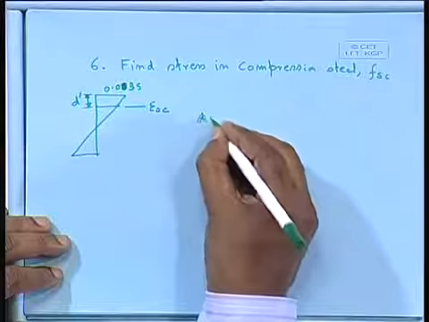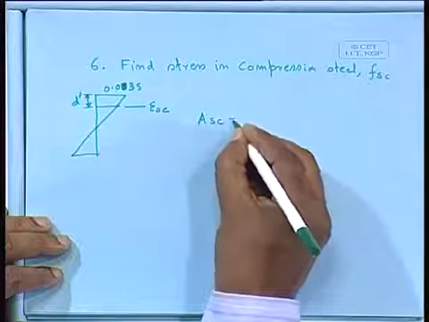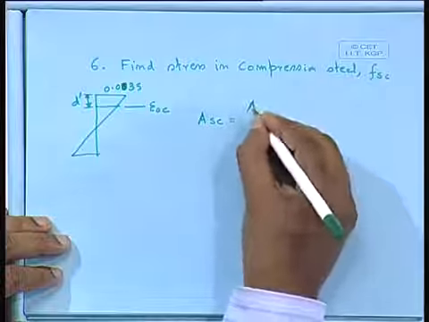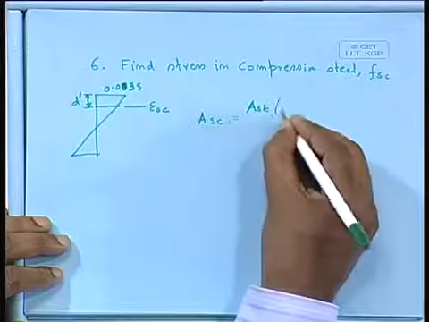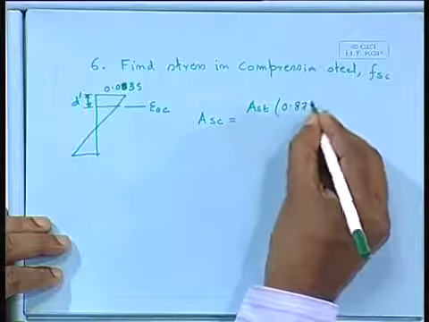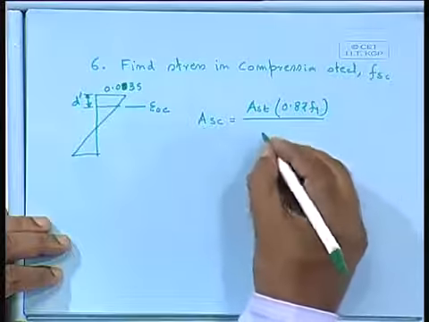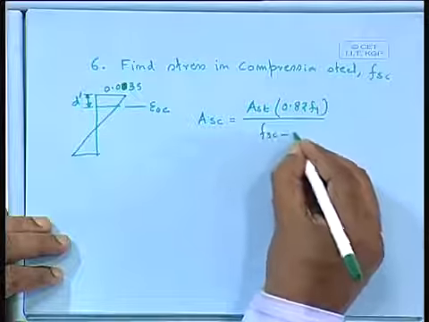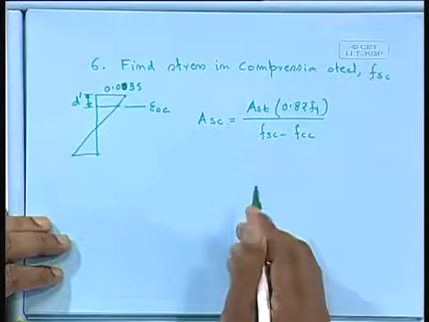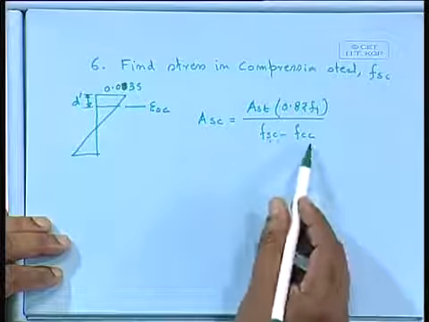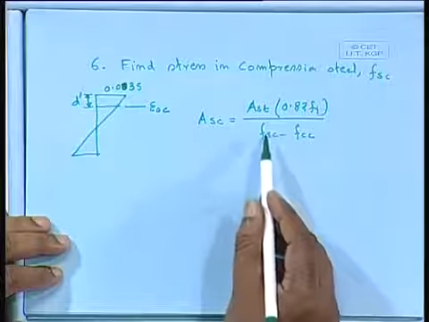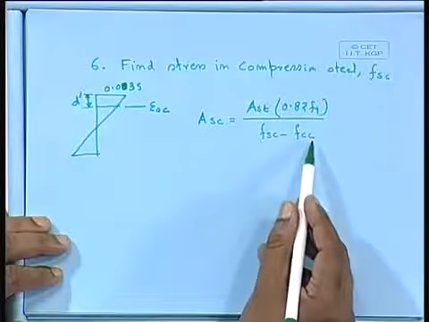So we can write Asc equal to Ast2 times 0.87 fy, this is the tensile force, divided by fsc minus fcc. fsc is the stress in steel minus fcc, because we have already taken that portion, so you can deduct.